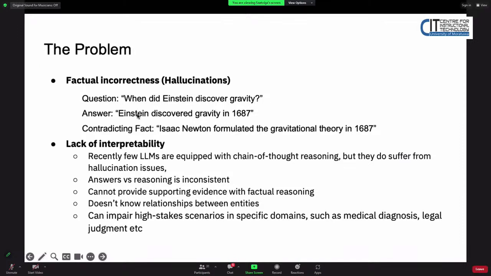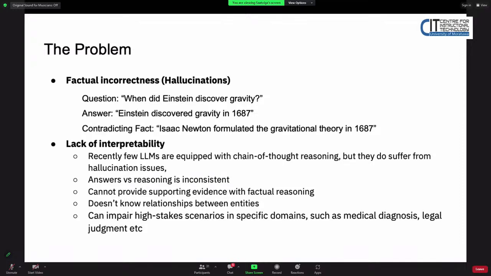The answer could be, Einstein discovered gravity in 1687. But the contradicting fact is that Isaac Newton formulated the gravitational theory, and it clearly shows that the answer is incorrect. So we can't really trust it when it's showing something that's factually incorrect.